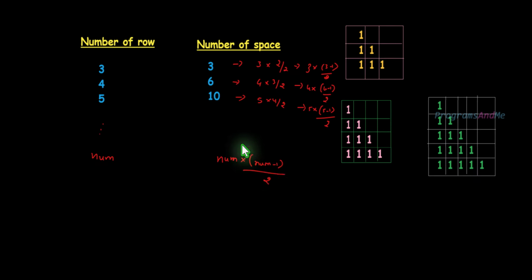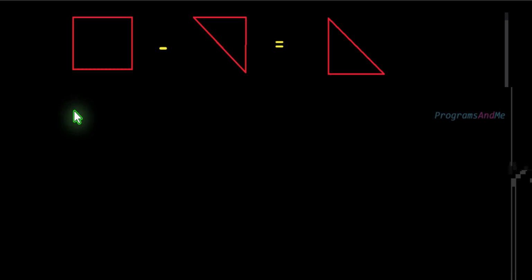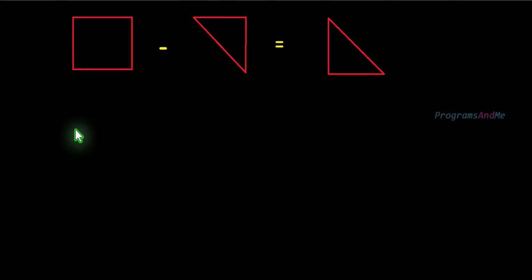And we know how to find the number of spaces now. Next, we can find the first formula. We can find the first number or total number of places needed in the square shape using the num multiply num formula. Minus how many spaces do we want? I want num minus num minus 1 divided by 2 formula.